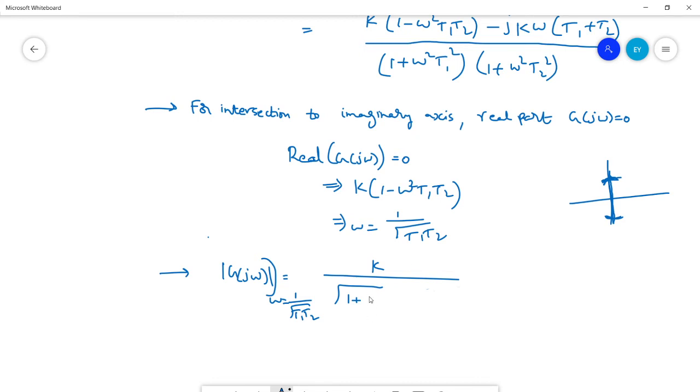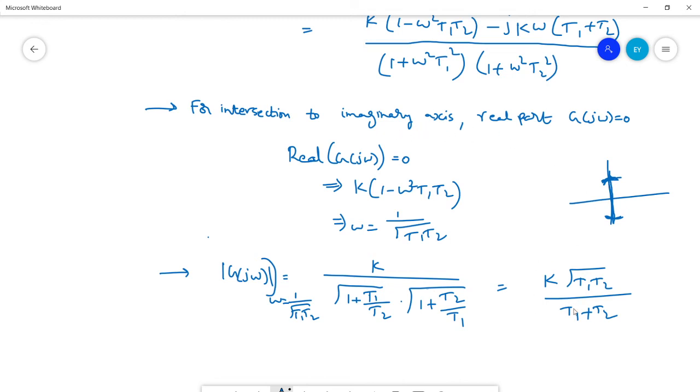Here you will be having a t1 already, so t1 by t2 into root of 1 plus t2 by t1, right? If you solve this expression, k into root of t1 t2 divided by t1 plus t2 becomes this. This is the magnitude when the plot intersects the imaginary axis.